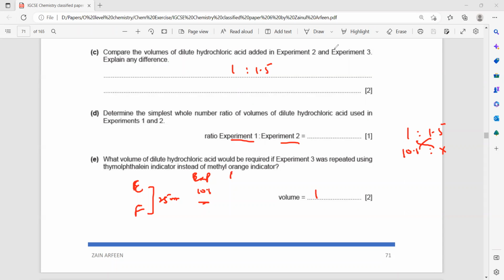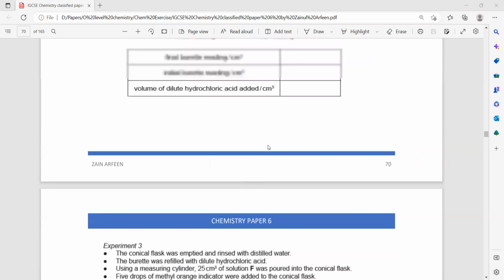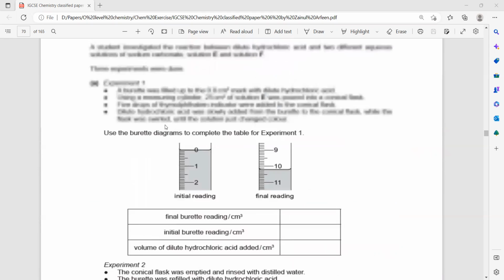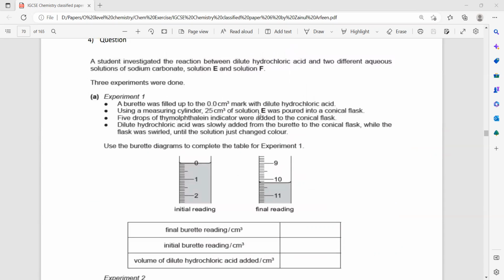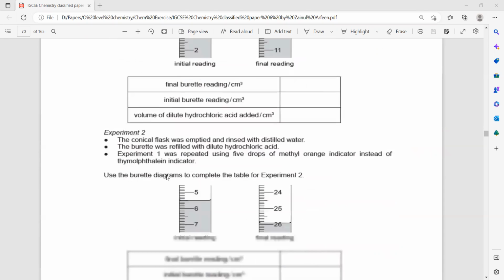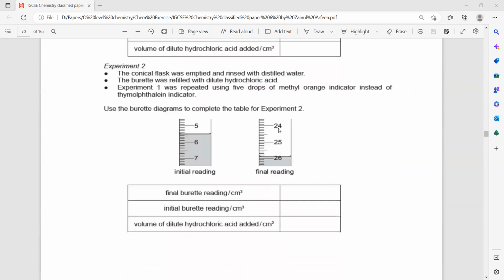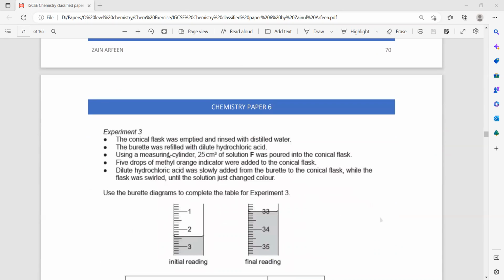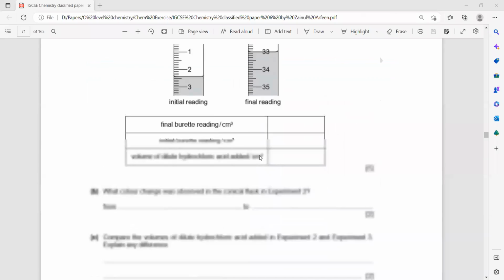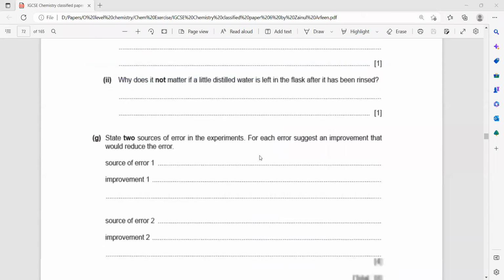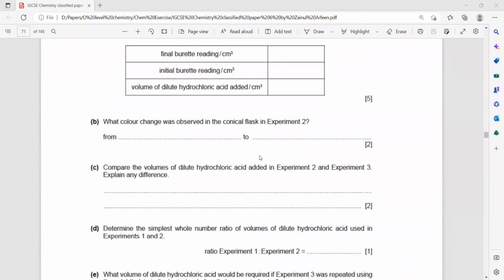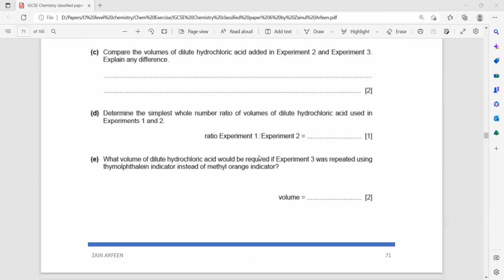because experiment 1 and experiment 2 are done with the same reagent. Experiment 1 was done with hydrochloric acid in solution E. Experiment 2 was done with hydrochloric acid in the same solution E. And experiment 3 was done with hydrochloric acid in solution F. But here in the question they ask the same solution but with a different indicator.